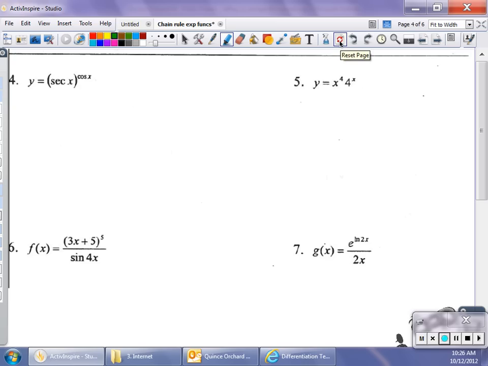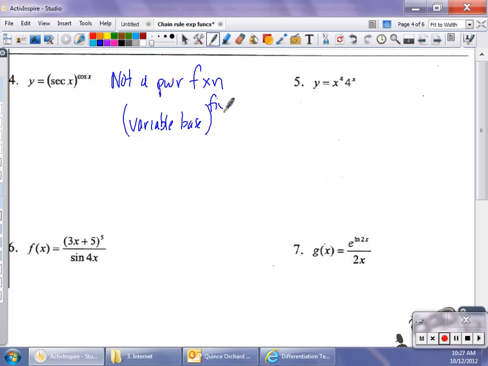In problem number 4, there's some things that I want you to notice here. First of all, this function is not a power function. Some students want to try to use the power rule here and do silly things, but this is not a power function, because the power rule is when you have a variable base to a fixed number power.